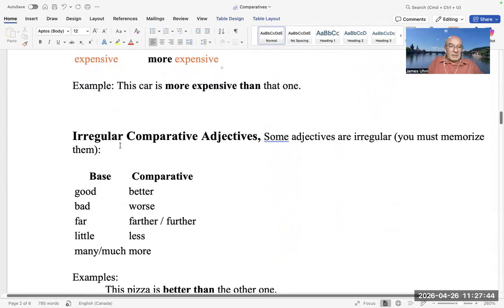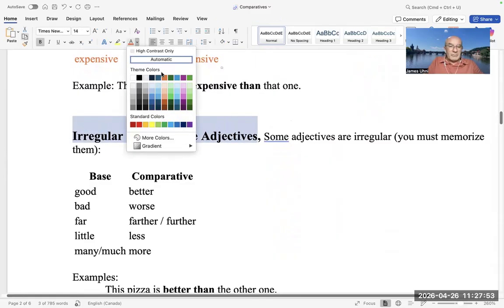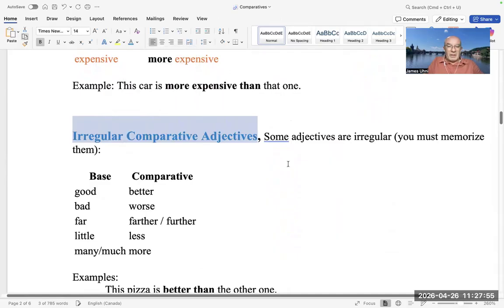And it is right here: irregular comparative adjectives. I would like to make it blue because this is a big chapter. Some adjectives are irregular. You must memorize them. You must learn them. Good, better, not gooder, but worse, not badder.